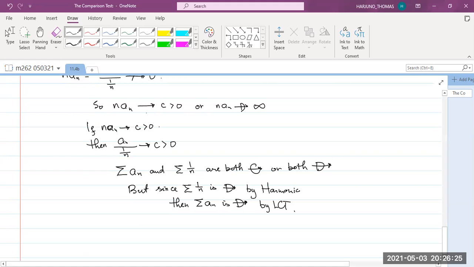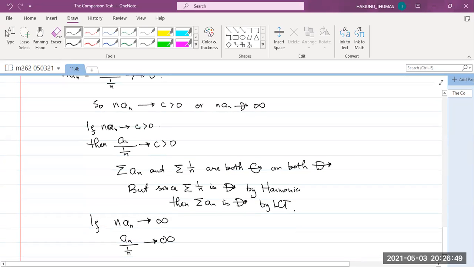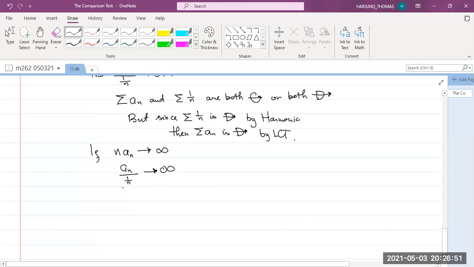Now actually the same argument nearly applies if n times a sub n converges to infinity, which means a sub n over 1 over n converges to infinity. Is it right?